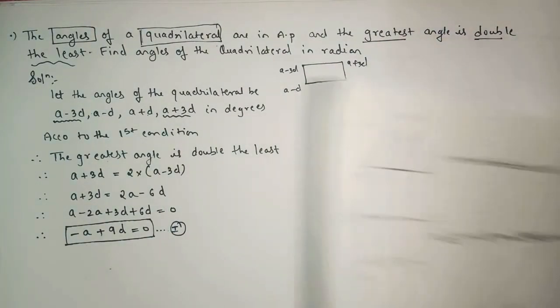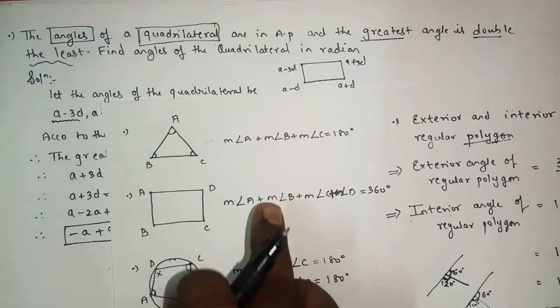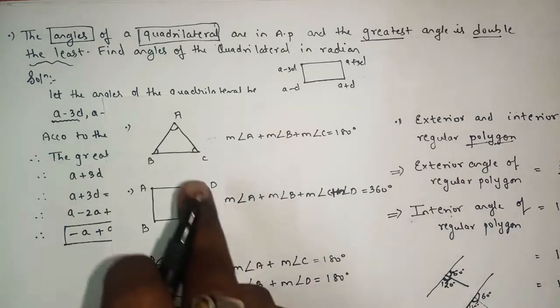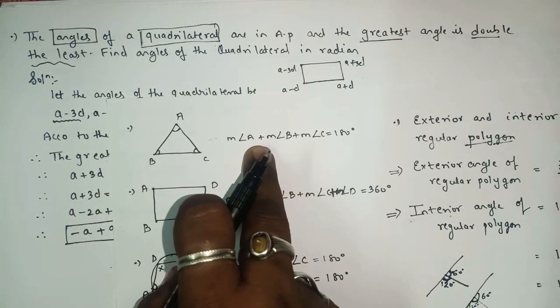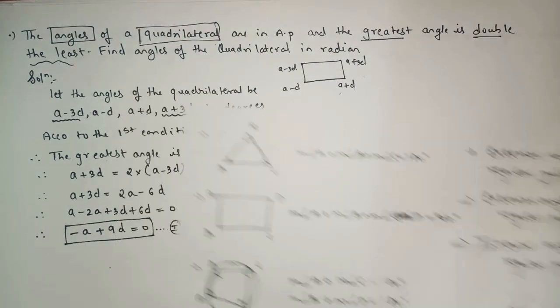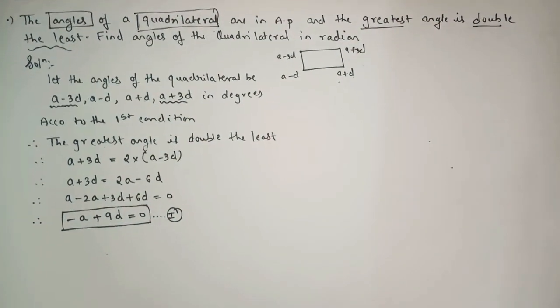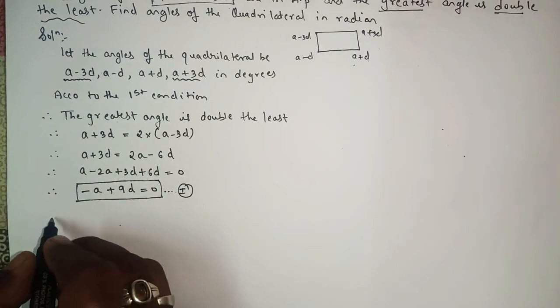Whenever we are dealing with angles with respect to the quadrilateral, we have to apply this property: the sum of the measures of the angles of the quadrilateral is 360. For the triangle, we use the property that the sum of the measures is 180. For quadrilateral, we'll use the sum of the measures is 360. With the help of this, we can find our second condition. So now we'll move on.